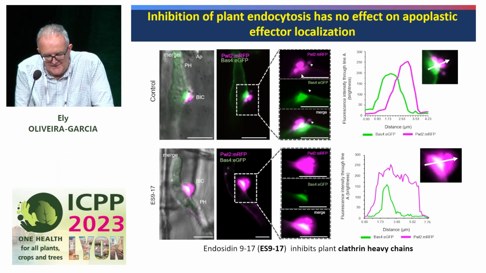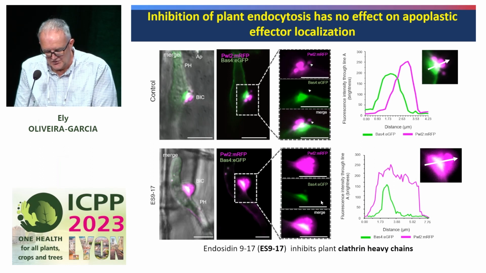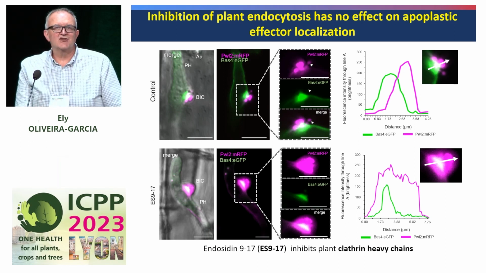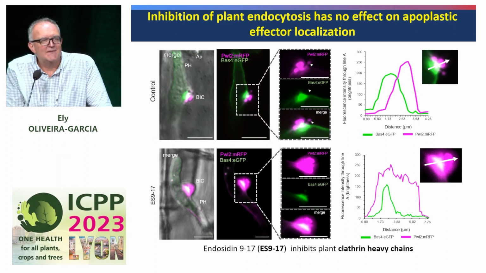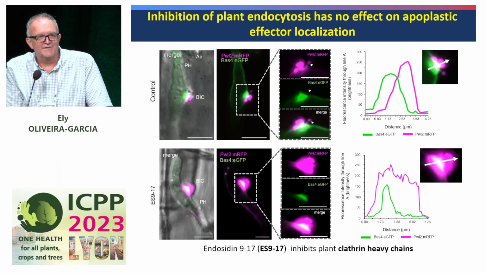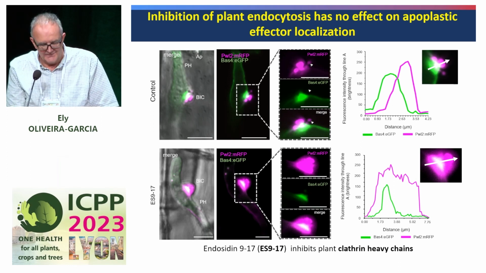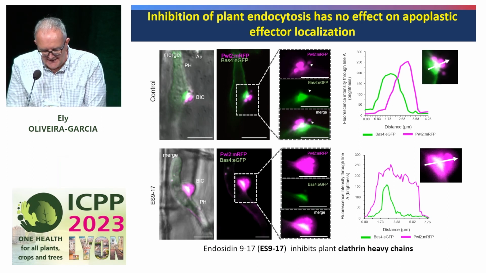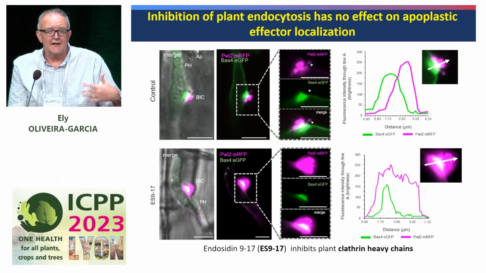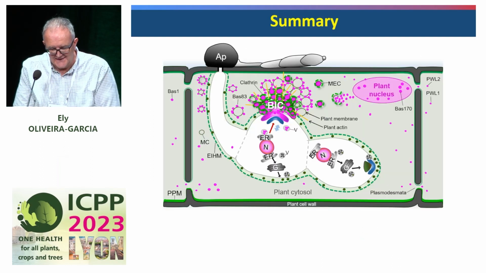I'm showing you the control here, where it does form MECs, compared to here where there's no MEC formation in PWL2, but the BAS4 localization is more or less the same as in the control. So that really suggests that cytoplasmic effectors are being affected by impairment of clathrin-mediated endocytosis, and we've shown this either genetically or using inhibitor studies.